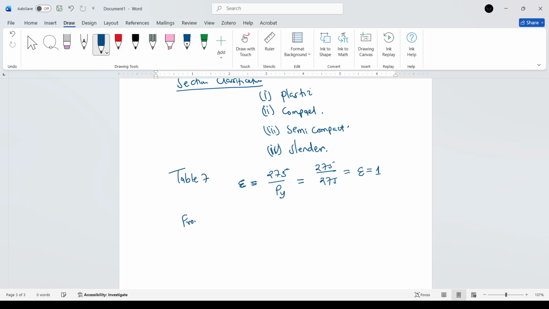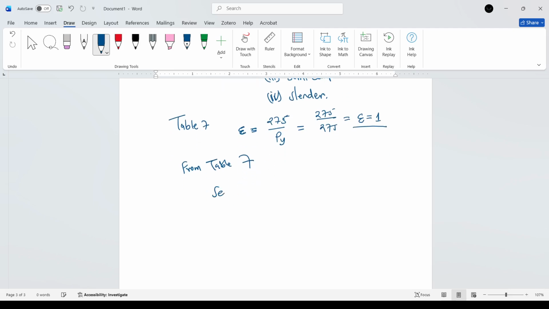From table 7, we saw that B over T should be less than 8.5 if it is plastic.